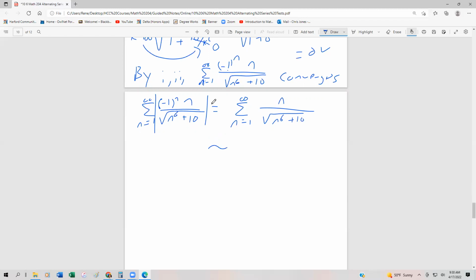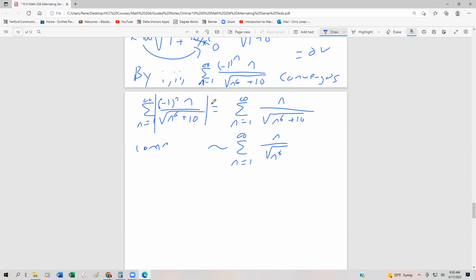So I'm going to compare it to the series n equals 1 to infinity of n over the square root of n to the 6th. Remember with the comparison test, you just look at the dominant terms, and the 10 is really negligible as n approaches infinity.